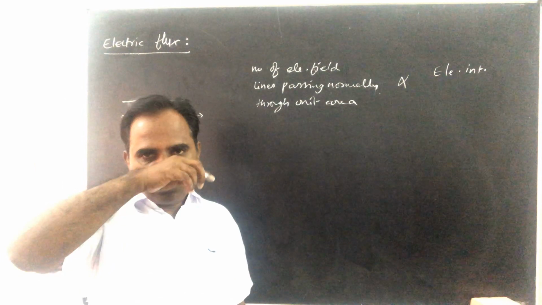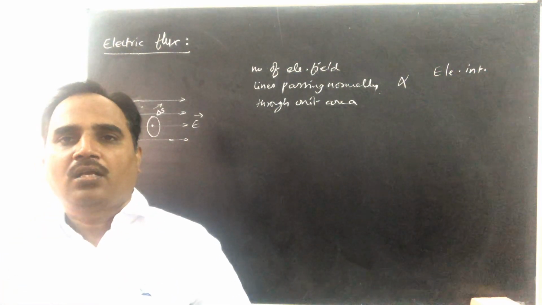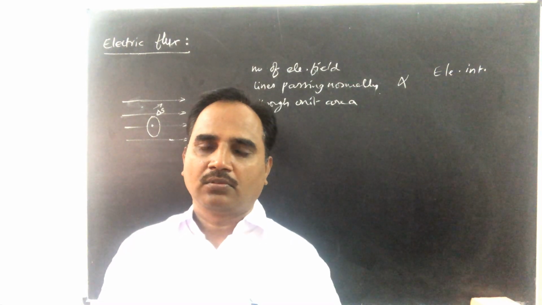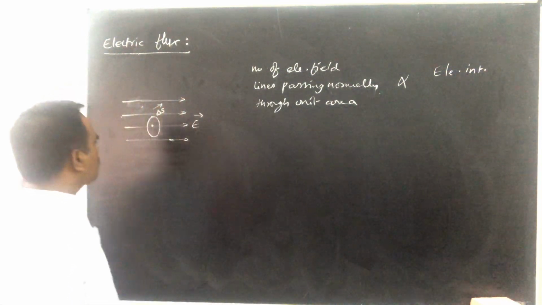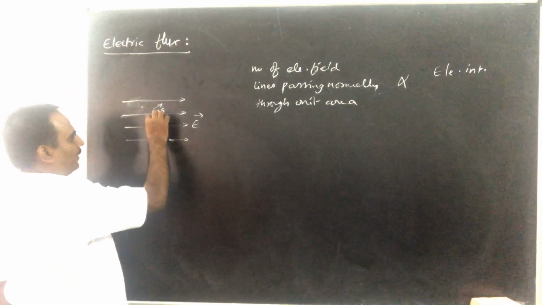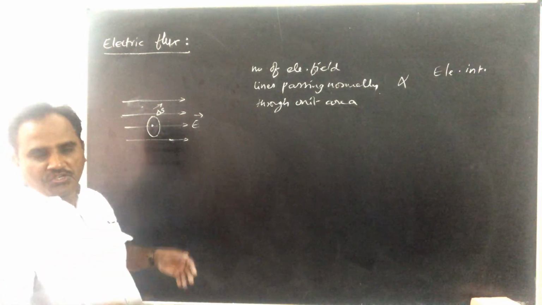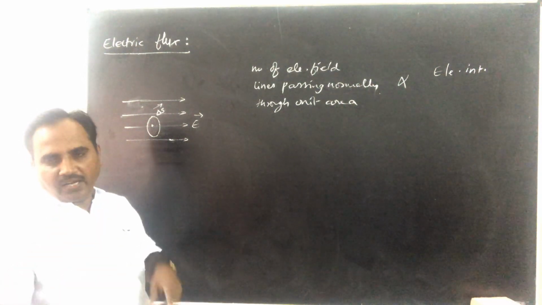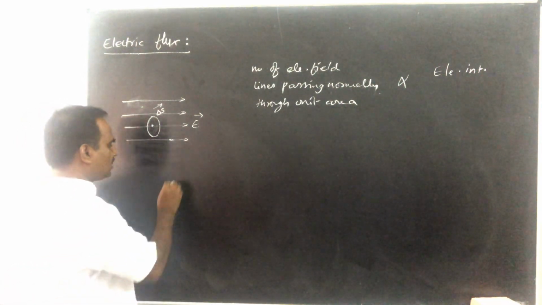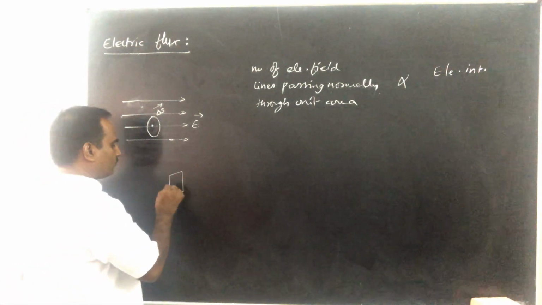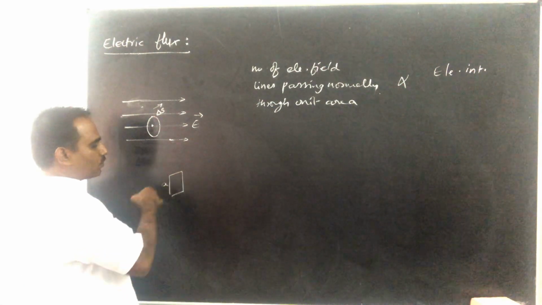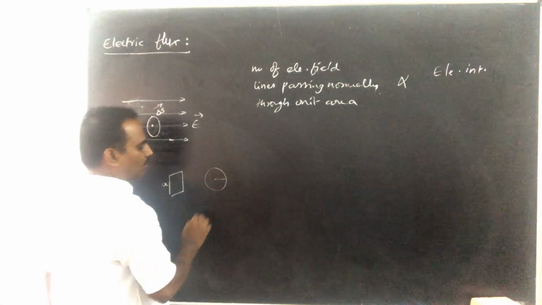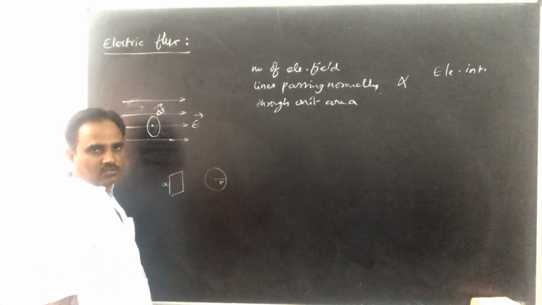In first year PUC you learned that a small element of area is a vector quantity. So this area, depending upon its shape, you will get the magnitude of area. That means if the area is in the form of a square, then it is a square. If the area is in the form of a circle of radius r, then it becomes pi r square.